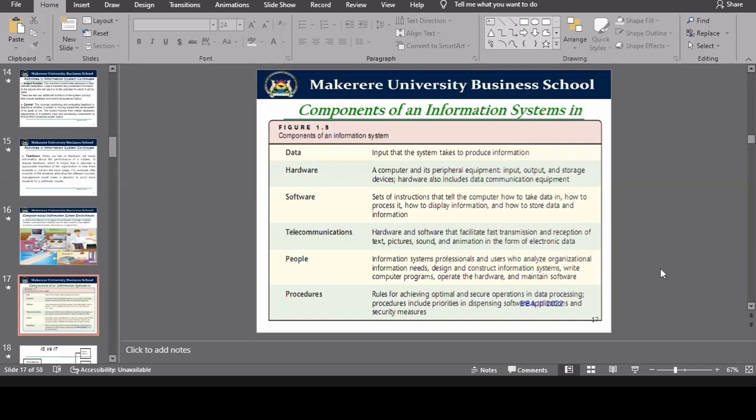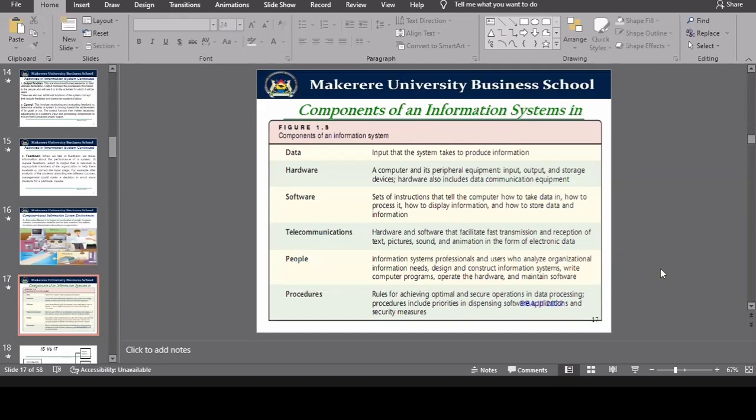Then telecommunication: hardware and software that facilitates fast transmission and reception of text, pictures, sound, and animation in the form of electronic data. Telecommunication is mainly to help us disseminate that information, passing it on from one entity to another, from the source to the destination.